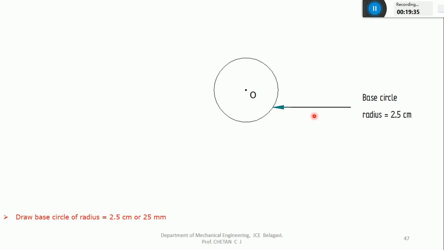After this, just indicate the cam axis like this, and that cam axis will pass through the center of the circle, that is point O. That cam axis will intersect the base circle at this point, which is alphabet A, and just join point O and point A. Similar to the knife edge follower, the reference circle will be the base circle only.